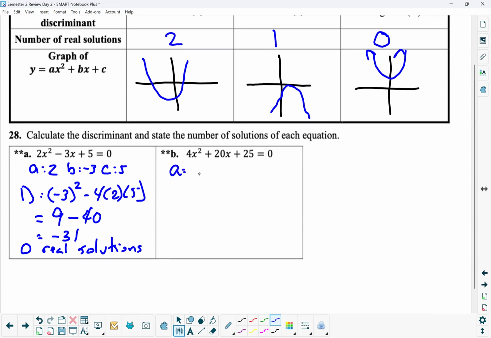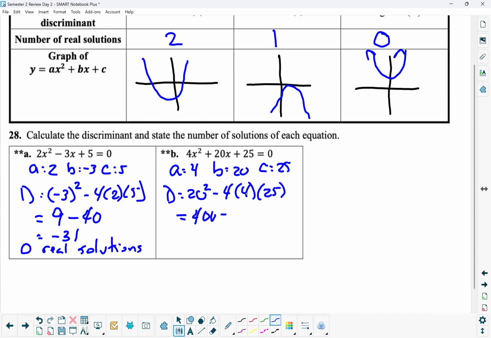My second example, a equals 4, b equals 20, c equals 25. So my discriminant, 20 squared minus 4 times 4 times 25. 20 squared is 400.